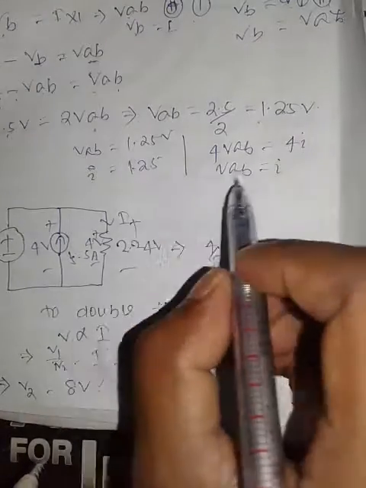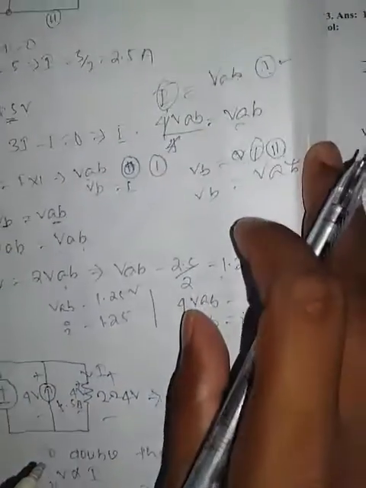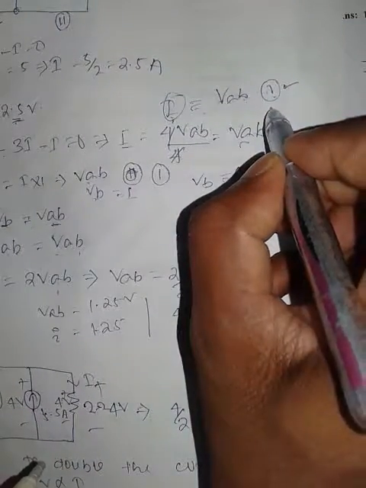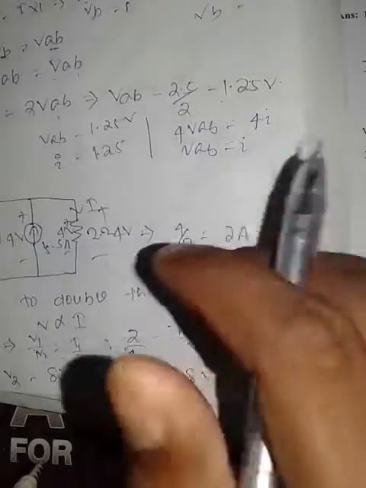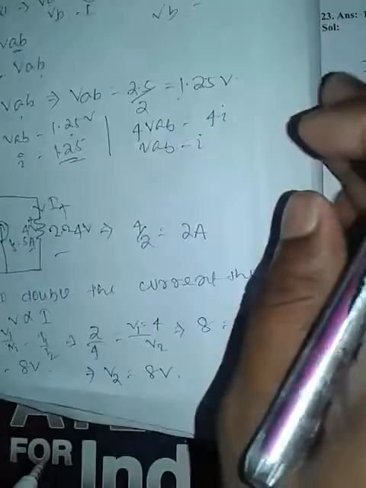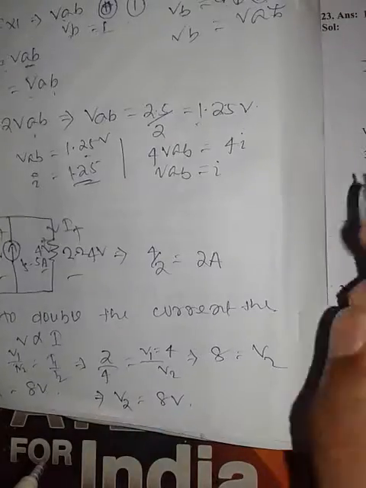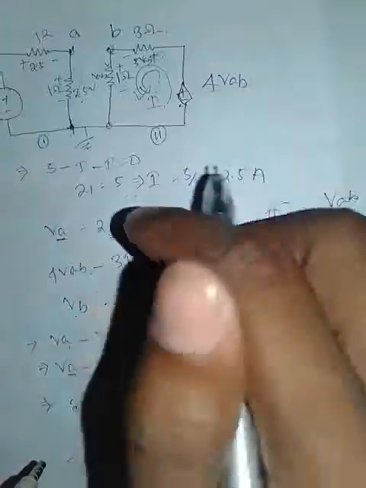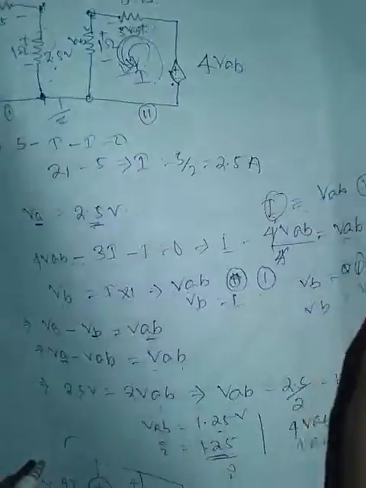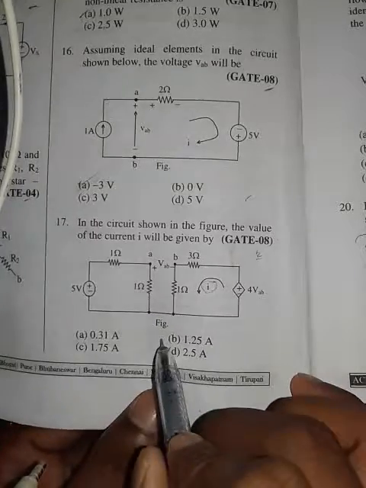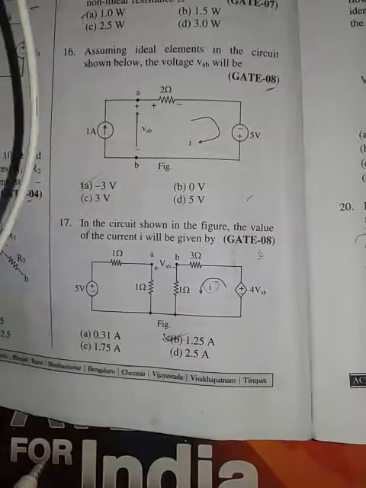But we know from figure 1 that I is equal to VAB. So VAB we are getting 1.25, so the I value will be 1.25. This is the current value which is flowing in this figure in this way. So the given option B is the correct answer.